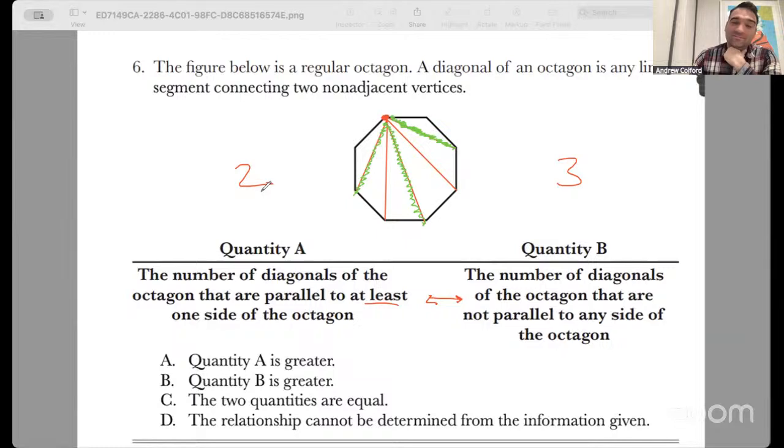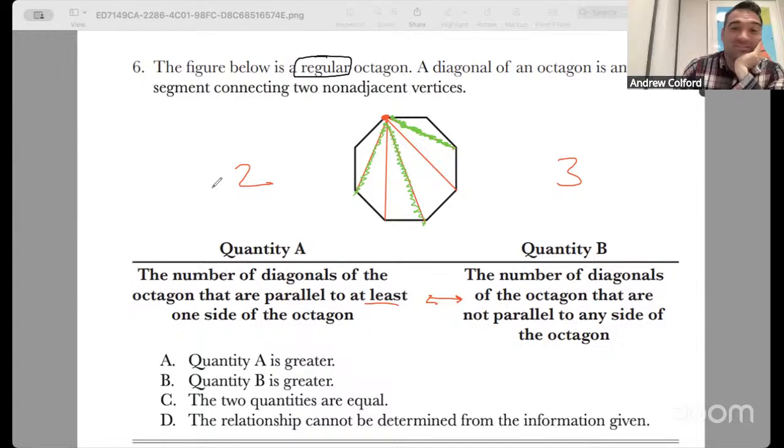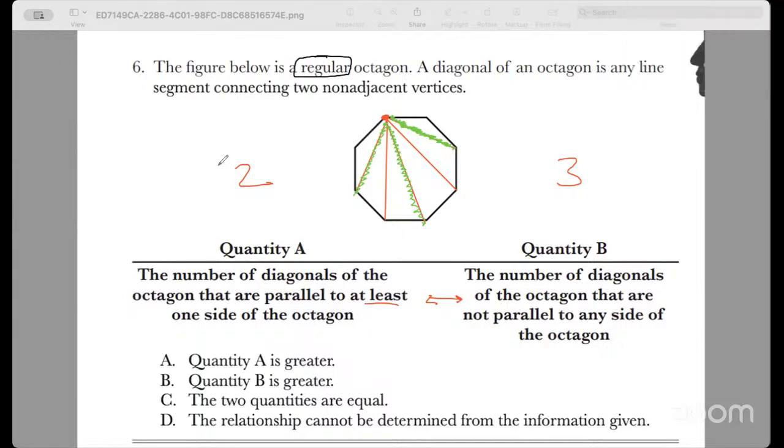Now, here's the big jump. What kind of an octagon is this? Is there anything particularly special about this octagon? It's a regular octagon. Right. And what does that mean? That it is equal for all angles and sides.